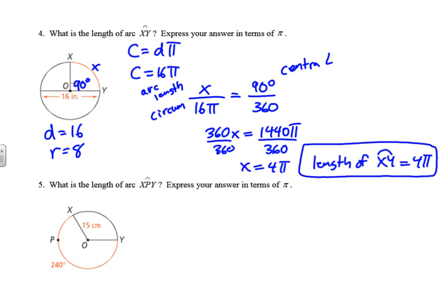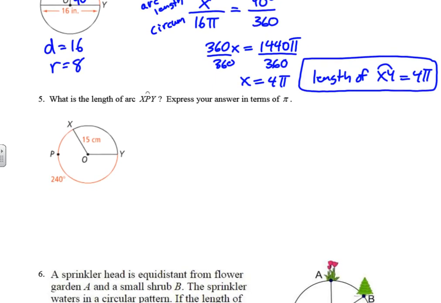Okay, so let's try this again here. What is the length of arc XPY? So again, here's our central angle, and we've got a radius of 15. That means our diameter is going to be 30, and our circumference is d pi.